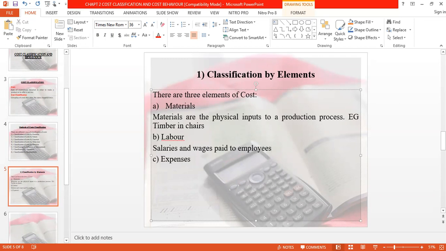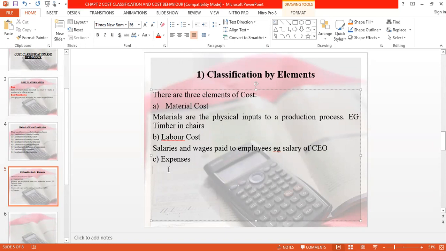So long as it's an employee, it's called what? Labor costs. So this is material costs. Next is labor costs. For example, the salary of the CEO, the salary that is paid to the CEO. That is an example of a labor cost.